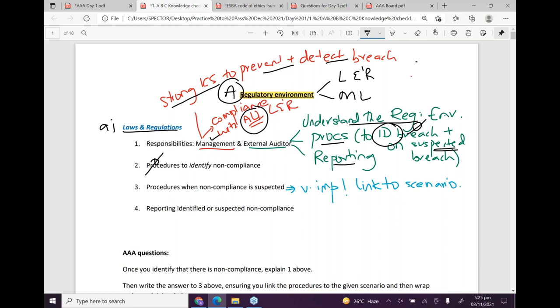But in step number 2, this is me putting in effort to see if a breach has occurred. So point number 2 is primarily going to be straightforward, where you as the external auditor, as a part of your duties, have to see if any law has been breached. And then comes the important part.